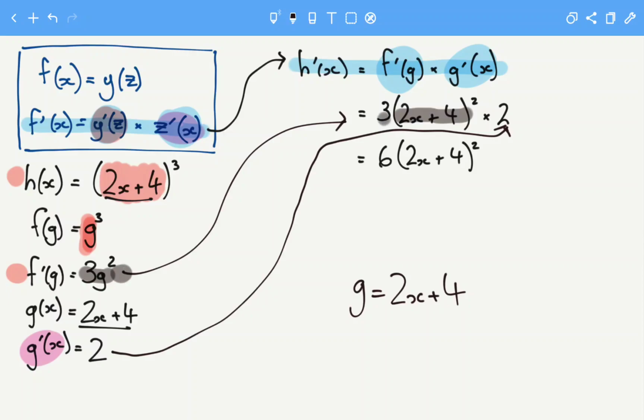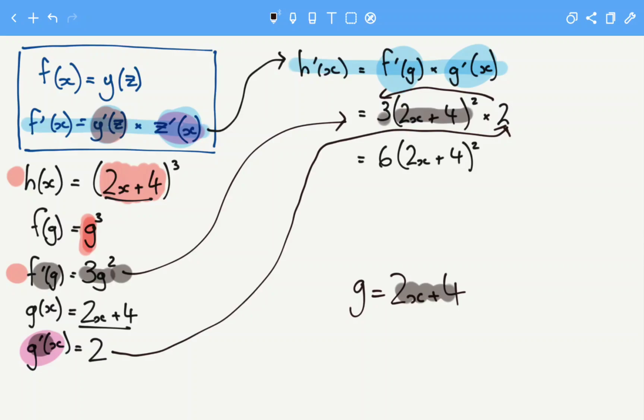And so 3, substitute in this over here. So 3 times (2x plus 4) to the power of 2. So we've got this function here multiplied by this function equals this. And then you multiply that out. The 2 multiplies by the 3, and we've just got that.